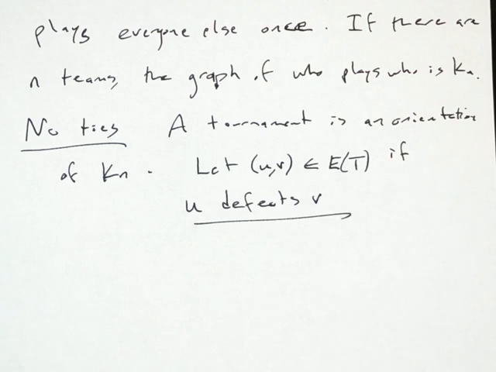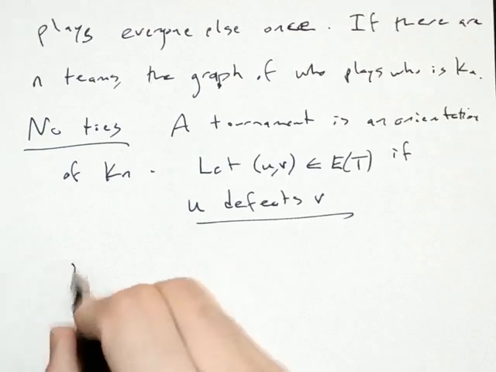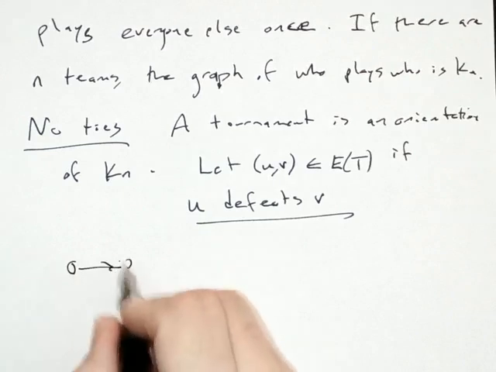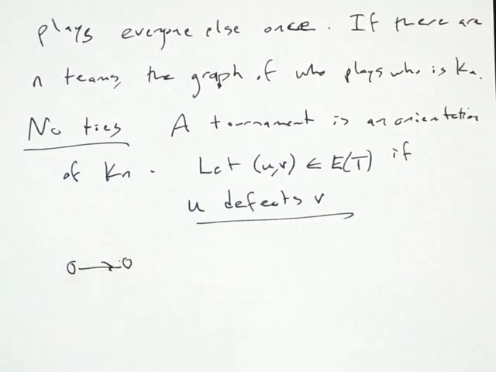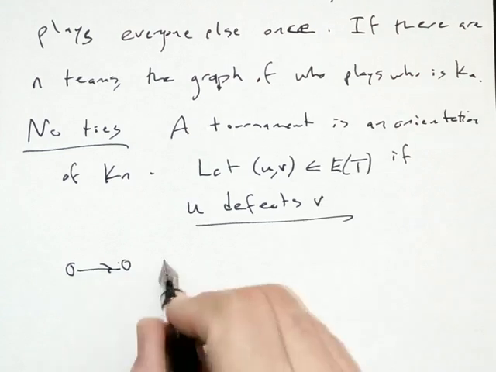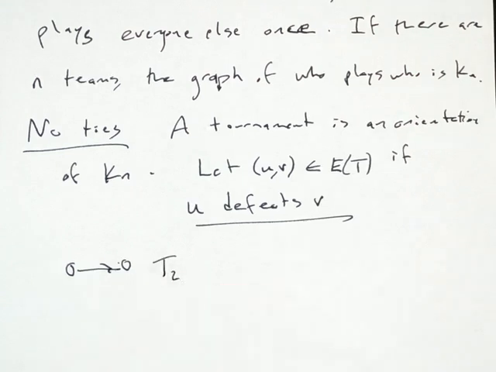Hey, I win. If there are 2 teams, my graph looks like that. One of those could be from V to U, the other one could be from U to V, but up to isomorphism, that's it. That's the only tournament with 2 vertices.